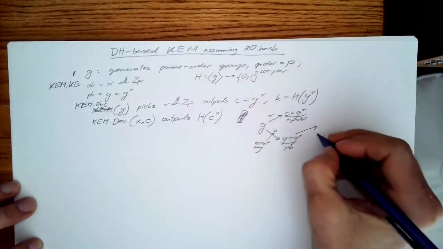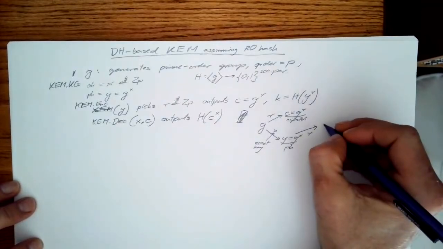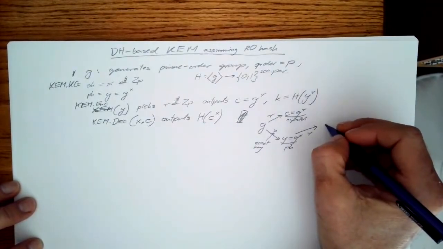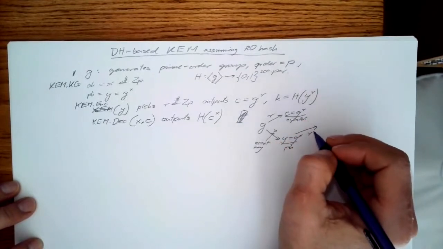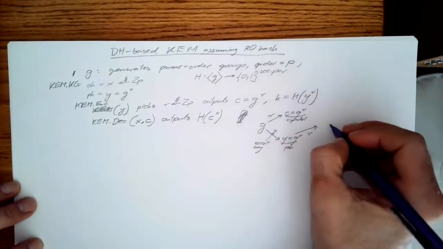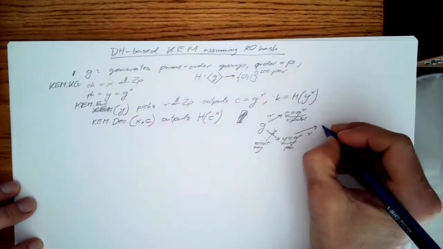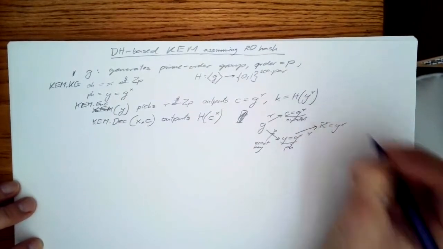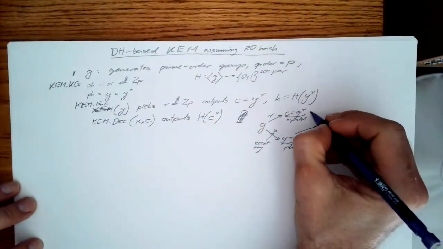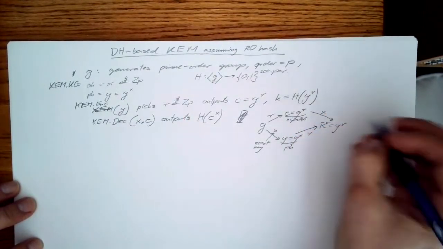The encryptor uses the encryption randomness to generate a ciphertext and to generate this key material, which is Y to the R. But the decryptor can regenerate the same thing by using the secret key, right?